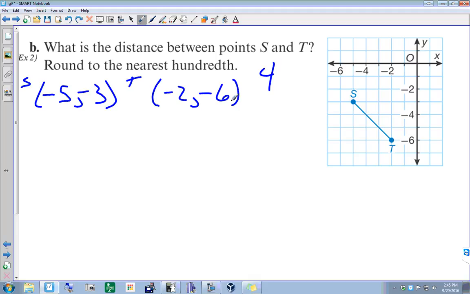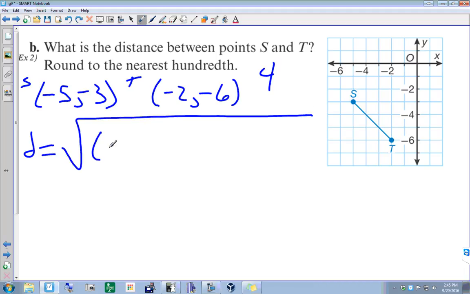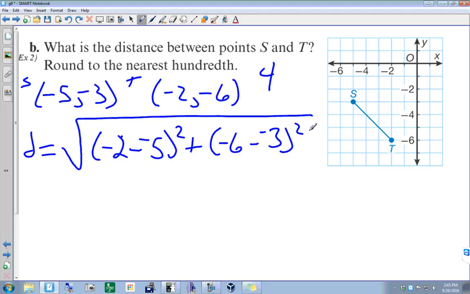Okay? So, distance is equal to square root of, that's going to be negative 6, or actually negative 2, sorry, minus negative 5 squared plus negative 6 minus negative 3 squared.